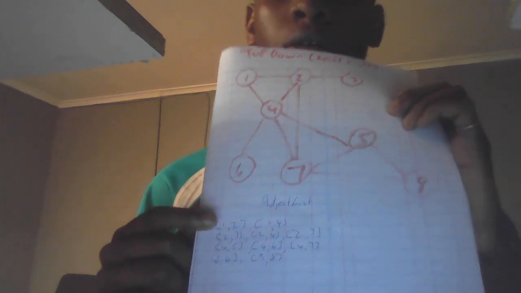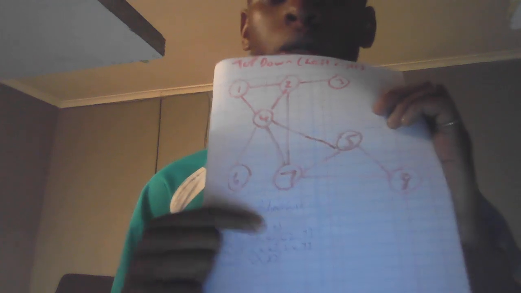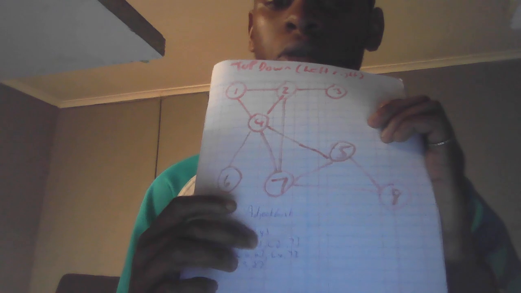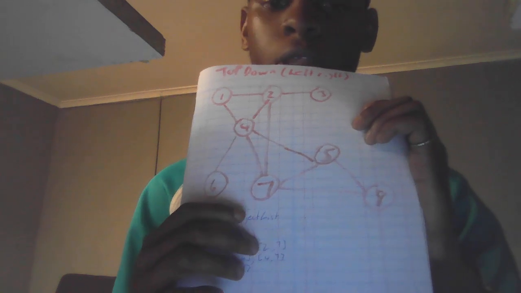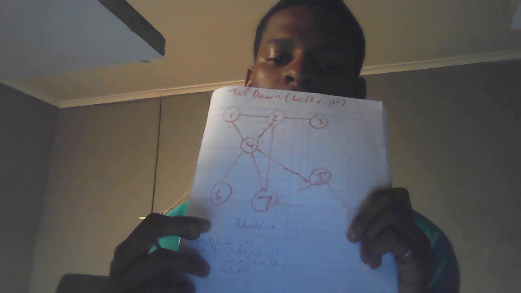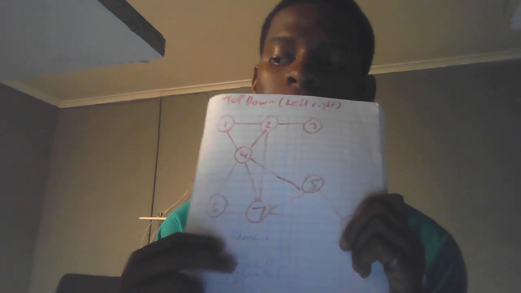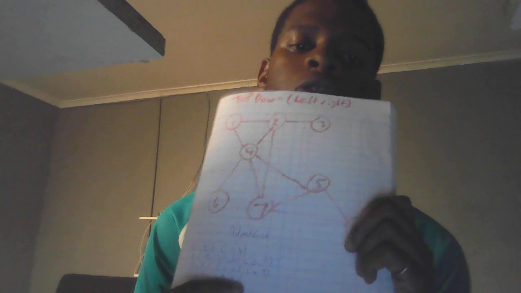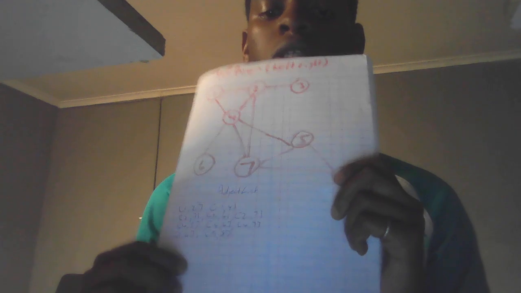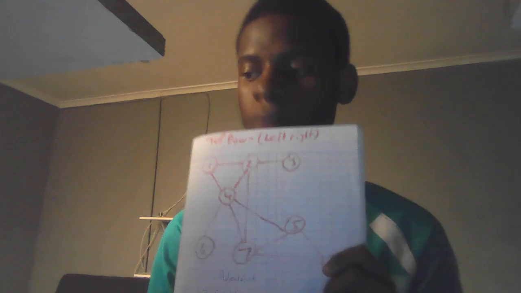As I said, 1 is connected to 2 and 1 is connected to 4. 2 is connected to 7, then 2 is connected to 4, then 2 is connected to 3, 4 is connected to 5, then 4 is connected to 6, 4 is also connected to 7, then 5 is connected to 6, then 5 is connected to 8, as you can see right here.